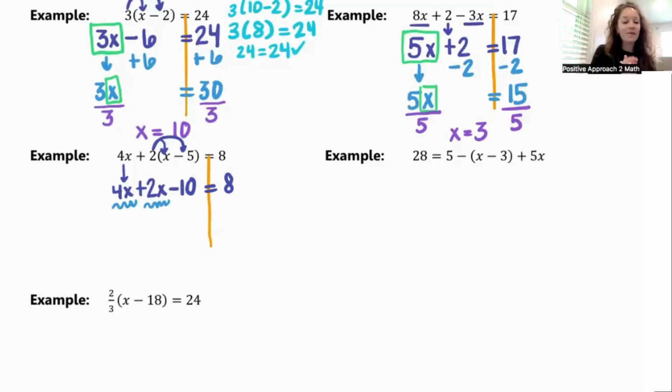Same side, simplify. So I'm going to do the same operation that I see. 4 plus 2 will give us a 6x. And from there, we can bring down that minus 10. That didn't have any friends, and it's going to equal 8. Now we're cooking with a two-step equation. So now I'm going to put that 6x in its box. Oh, no, I need my green.